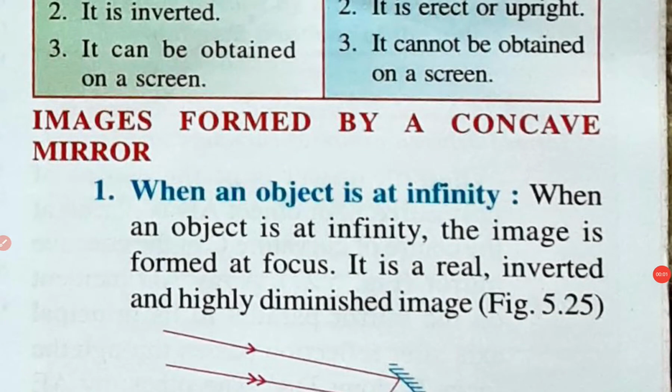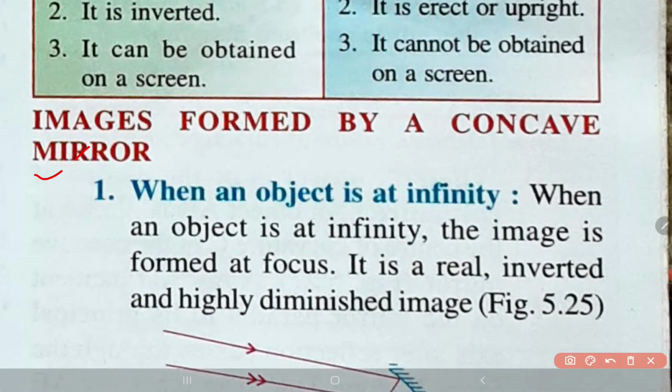This video is for class 8 physics and we are doing images formed by a concave mirror. In part 1 of this video we had done till the third condition, and now we shall start with the fourth one for concave mirror.